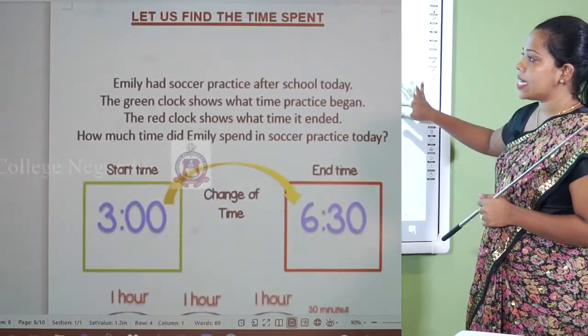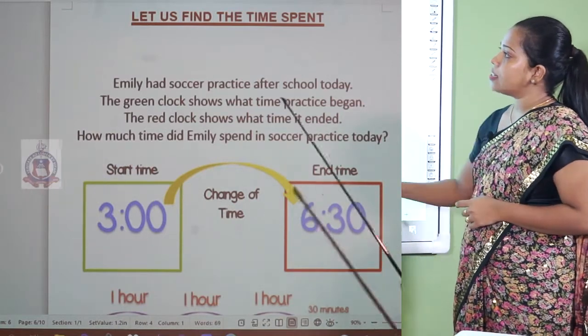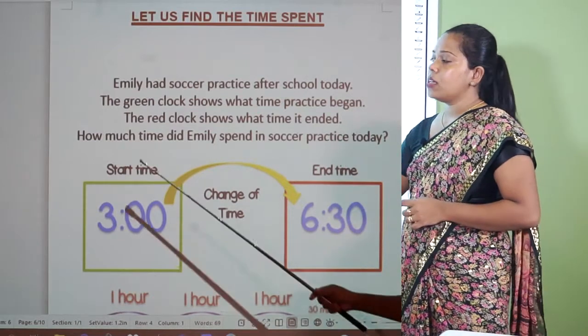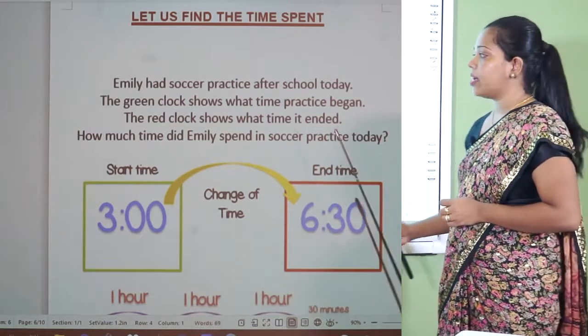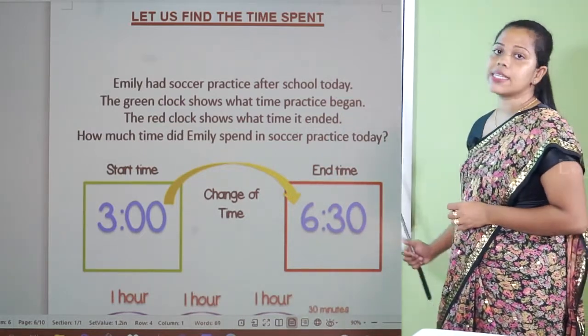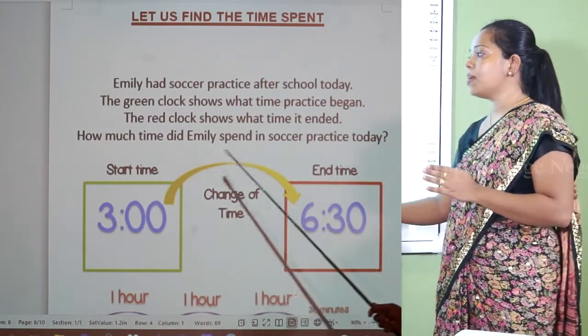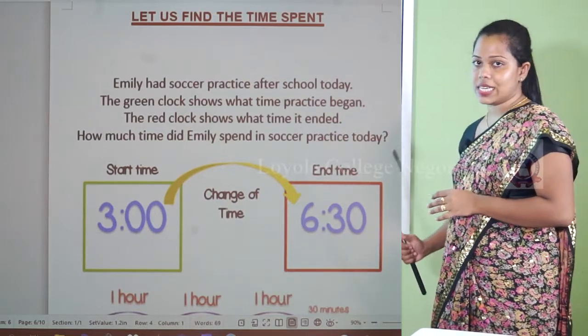So here they say the red clock shows the time ended and the green clock shows the time began. She started practice at 3 o'clock and ended at 6:30. Now you must find how many hours and minutes there are from 3 o'clock to 6:30.